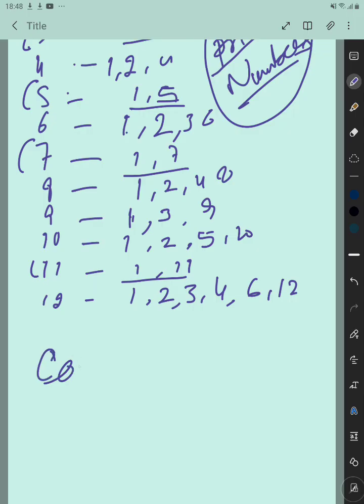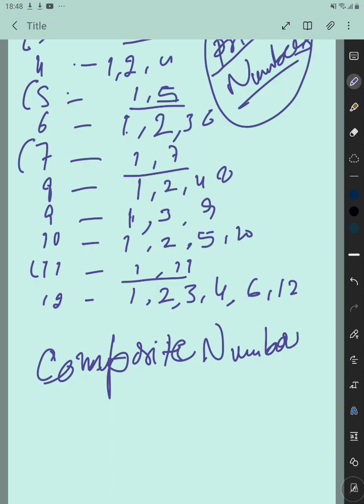Composite numbers are those numbers whose factors are more than two. So this is the concept of prime numbers and composite numbers.